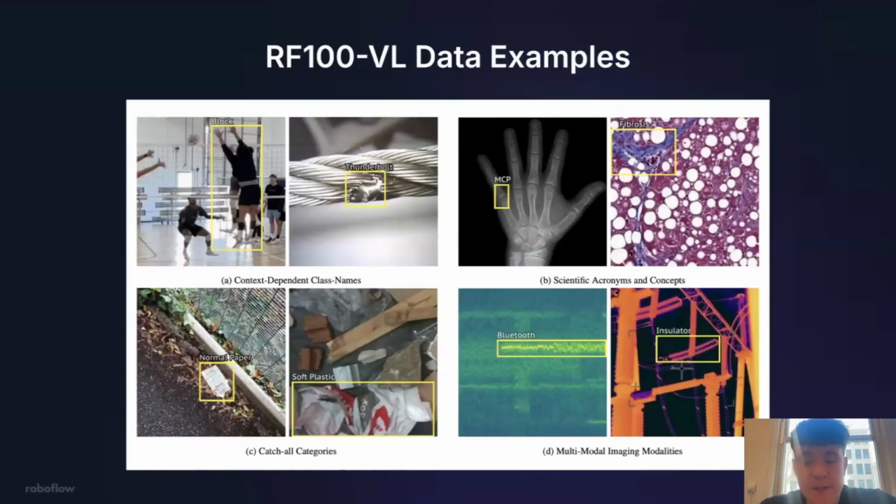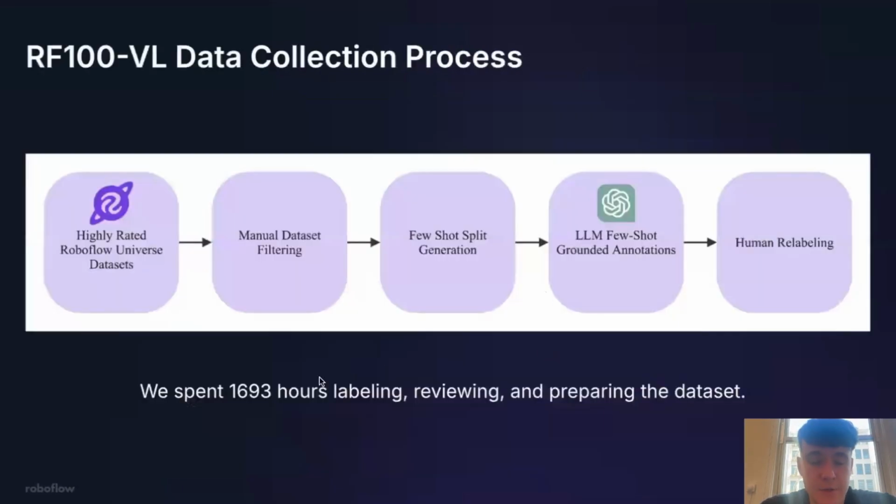Those are the tricky things that we wanted to have as classes that you can use to prompt the VLM and see if it actually knows what it's talking about, combined with the images. We spent a lot of time, 1,693 hours, labeling, reviewing, and preparing the data set.